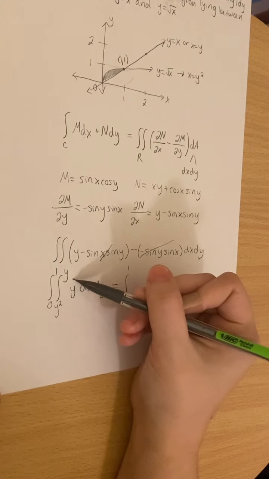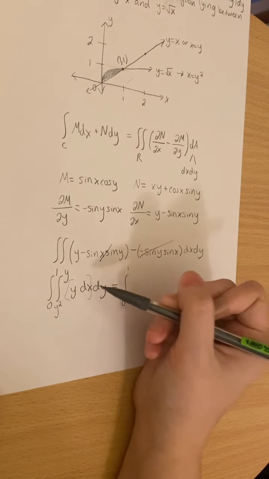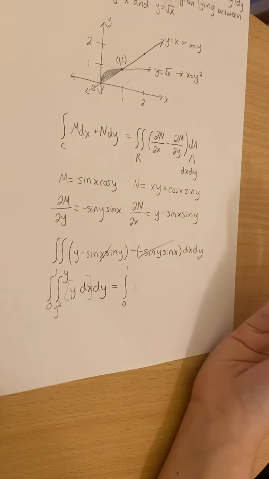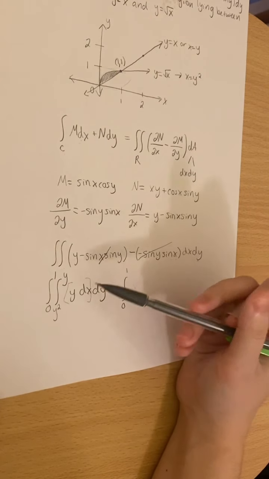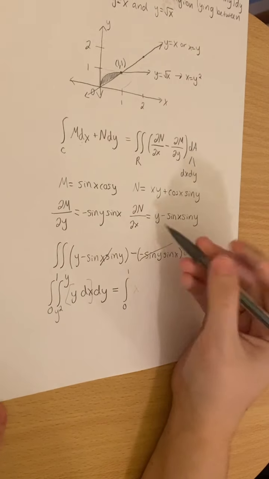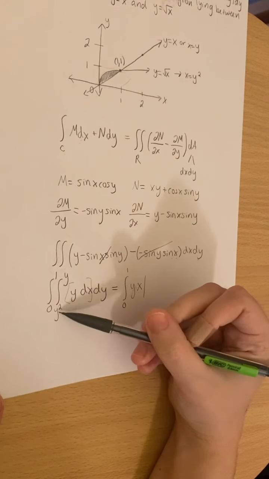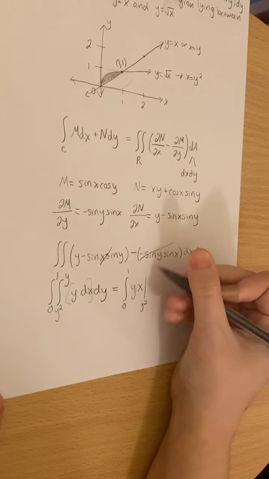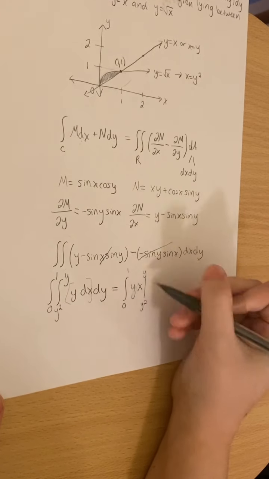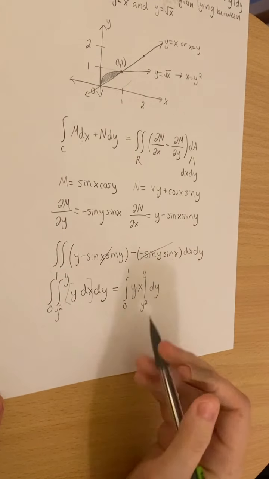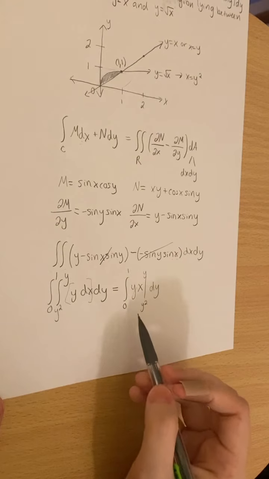Right now I'm looking strictly at the inner portion, y dx. Of course, the integral of y with respect to x is just yx, and again, it's from y squared to y. Don't forget our dy, because we still have to integrate one more time after this.